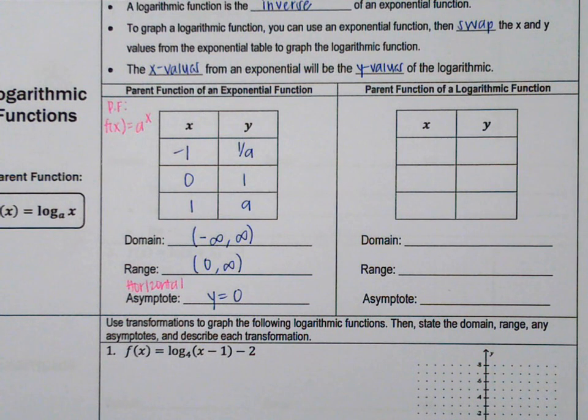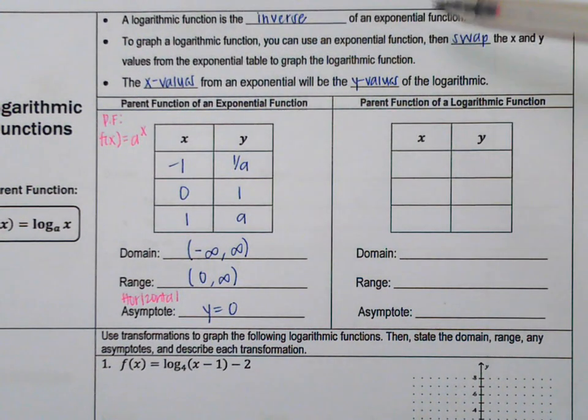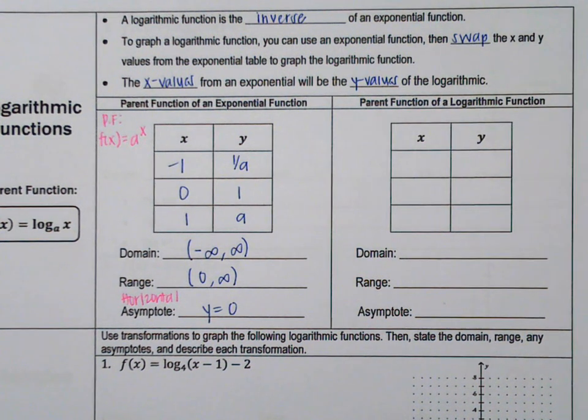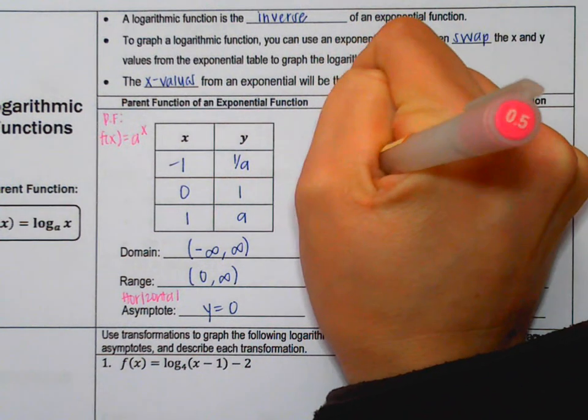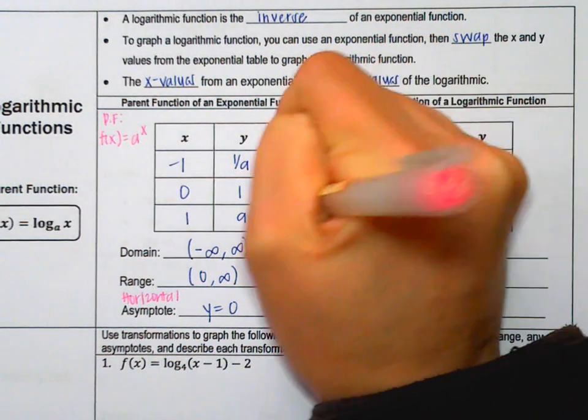Now, if we know that a logarithmic function is the inverse of an exponential function, to figure out the table, all that we're going to do is swap the x and y values.